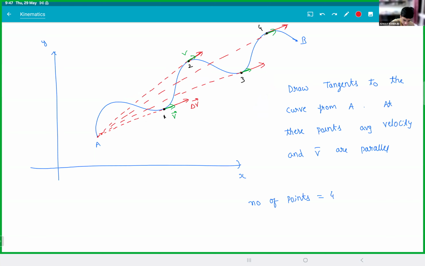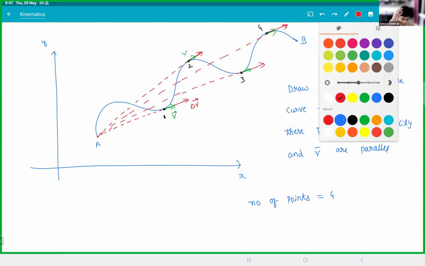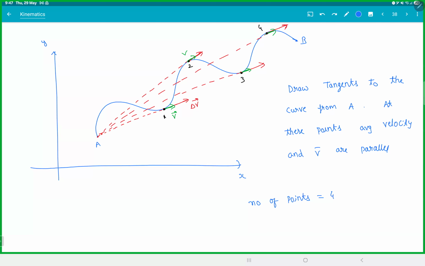All got this question? So let me give you one more like this. Sir, at which point are the average velocity and the instantaneous velocity exactly parallel? You tell me again, I didn't understand what you're asking. I mean, is the tangent the instantaneous velocity? A tangent is just a mathematical curve concept.